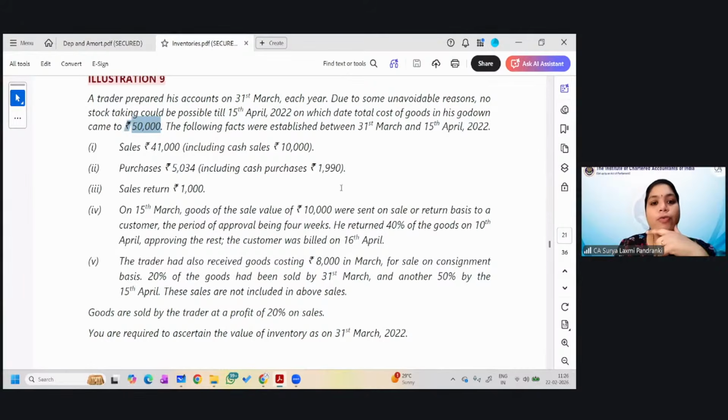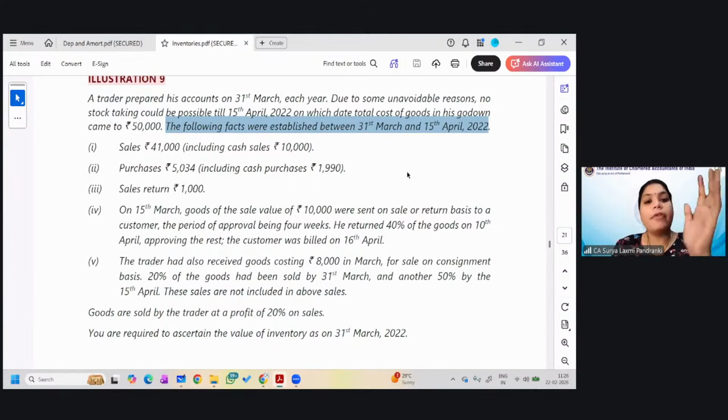And he has given you a few facts also. The following facts were established between 31st March and 15th April. Why are we given this information for those 15 days? It is because we actually need the closing stock as on 31st March. But we don't know the value of closing stock on 31st March. We only know it as on 15th April.